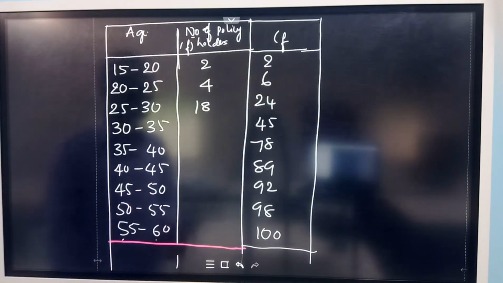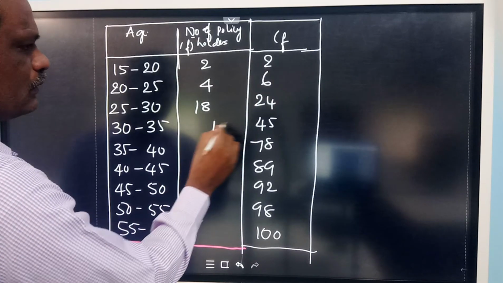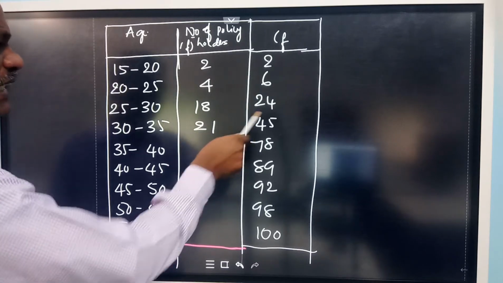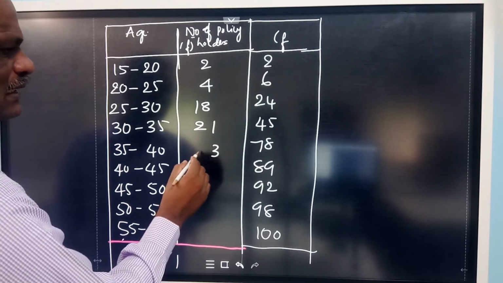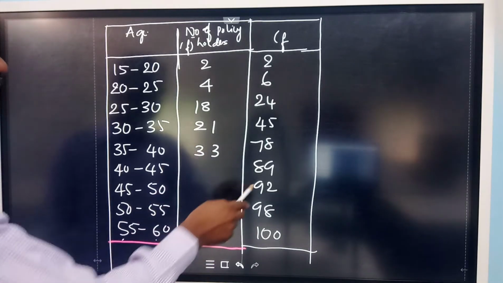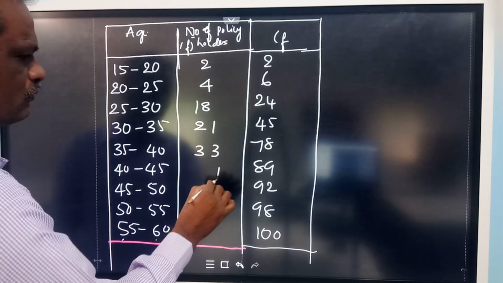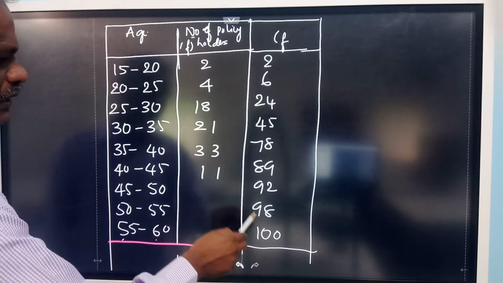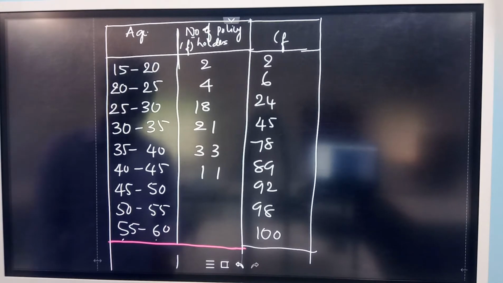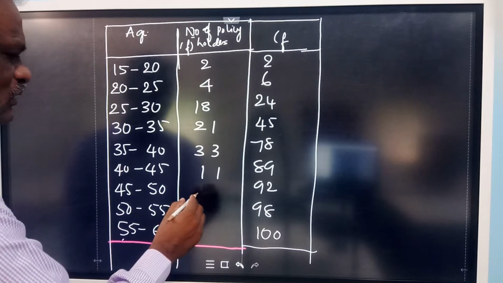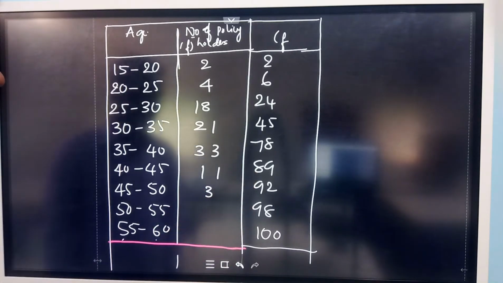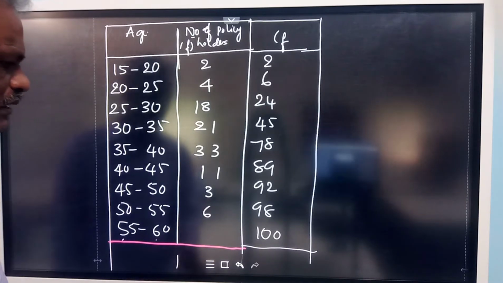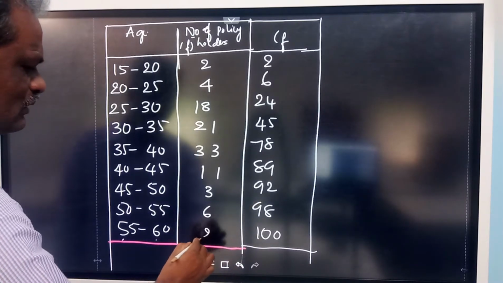Then 45 minus 24 is 21. 78 minus 45 is 33. 89 minus 78 is 11. 92 minus 89 is 3. 98 minus 92 is 6. 100 minus 98 is 2.